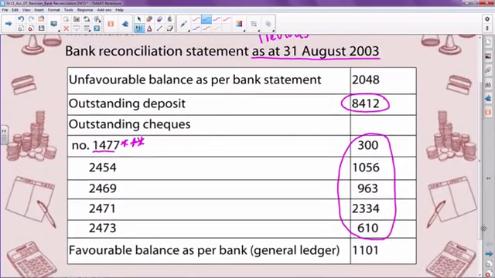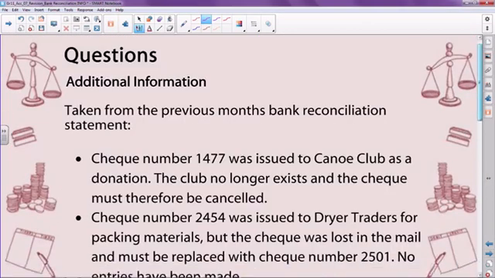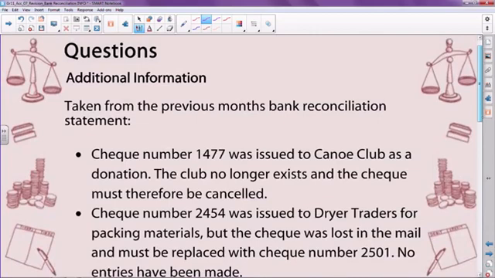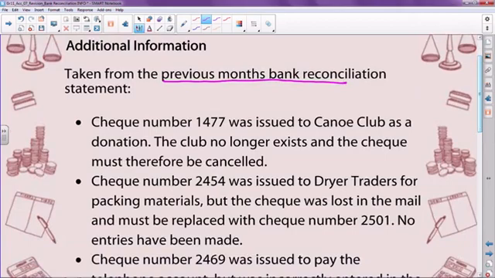So that's my previous month's bank recon statement. I'm not going to do anything yet. Now I'm going to go to my additional information, taken from the previous month's bank reconciliation statement. The first bit of information given to me: check number 1477, the check I was referring to, was issued to Canoe Club as a donation.